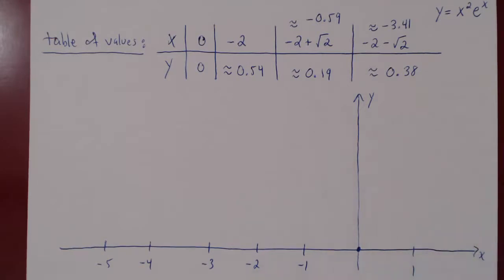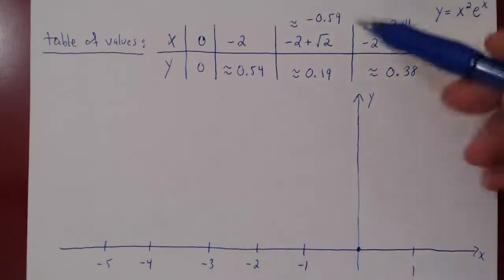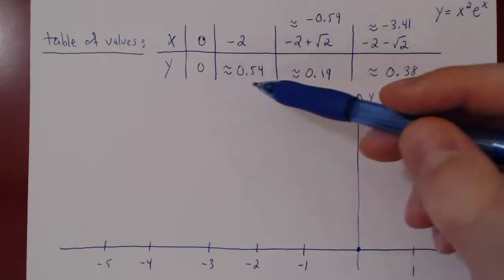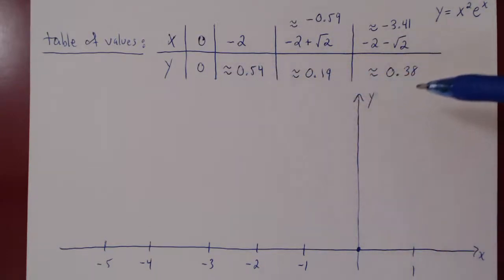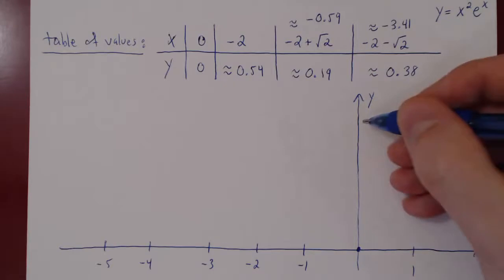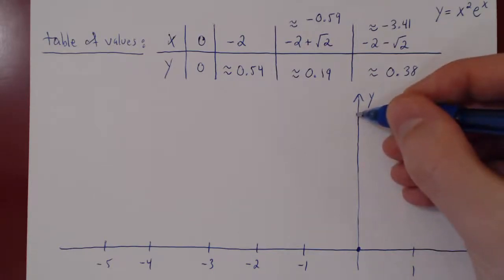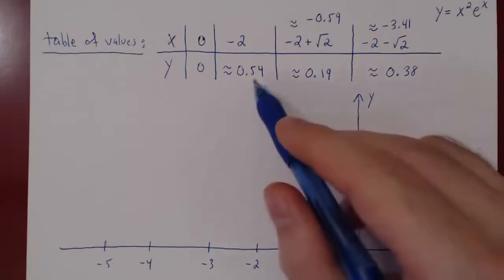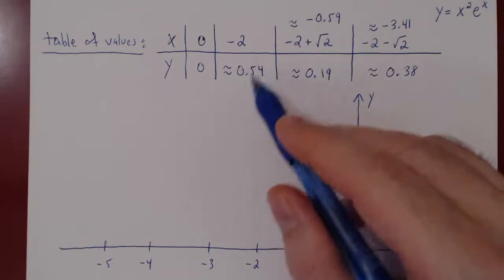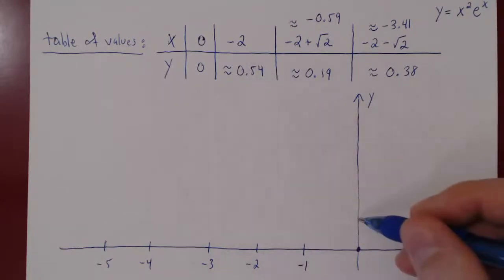Then for the y-axis, well, what is the range of our y values? The y values range from 0, 0.54, 0.19, 0.38. So suppose we go up to about 0.54. So let's go in slices of 0.1.